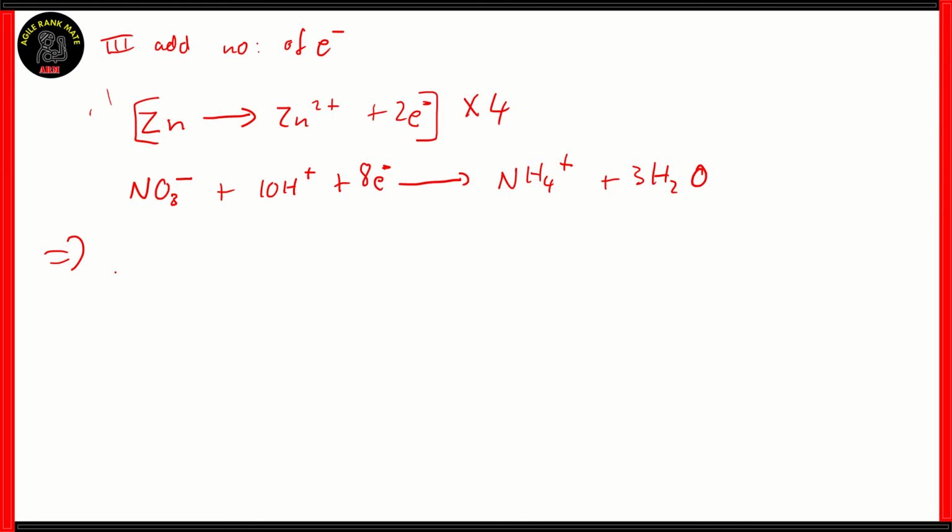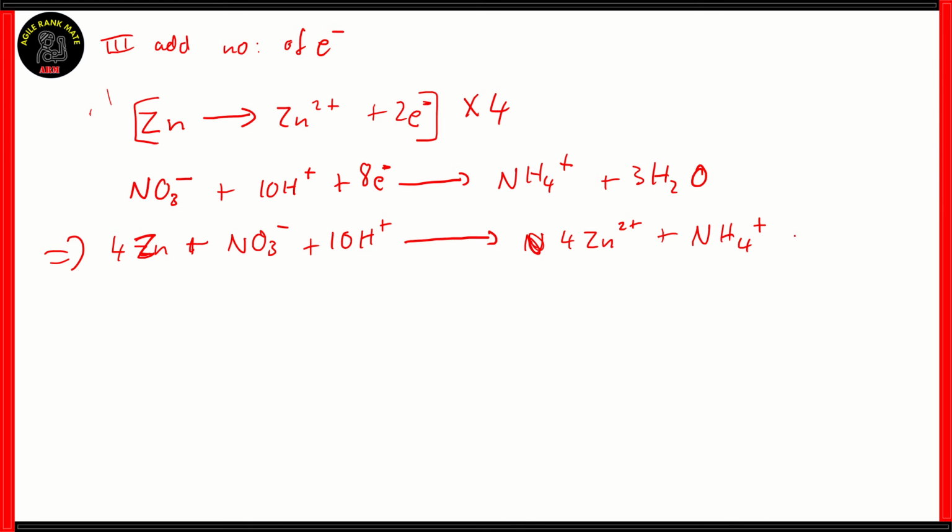So now the ionic equation that we get is 4Zn plus NO3 minus plus 10H plus gives 4Zn2 plus, NH4 plus, 3H2O. So the 8 electrons on the right-hand side cancel out the 8 electrons on the left-hand side, so we just have a pure ionic equation.